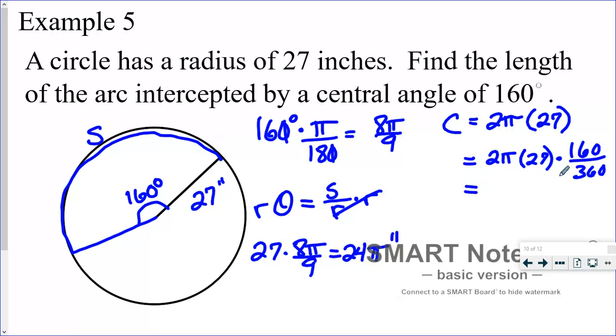Of course, the math is a lot harder here, but you can simplify this a lot. So this is going to be 54, and then this is going to be, let's see, 8 over 18, so 4 goes in there, so 4/9. 9 goes into 54 6 times, so 6 pi times 4, again, is 24 pi.